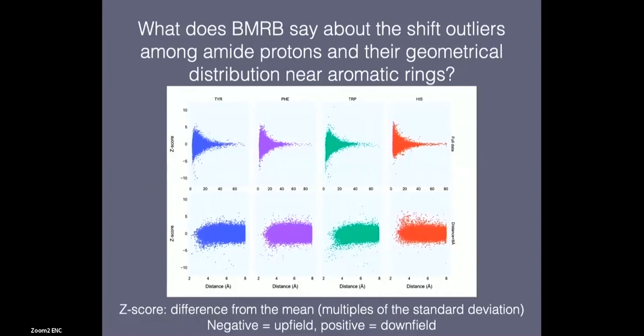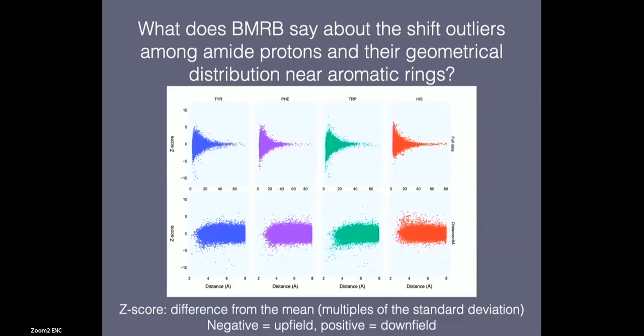So I've broken out the distributions here. The z-score is just the difference from the mean chemical shift in units of the width of the distribution, the standard deviation of the distribution, and negative z-scores correspond to an upfield shift here.